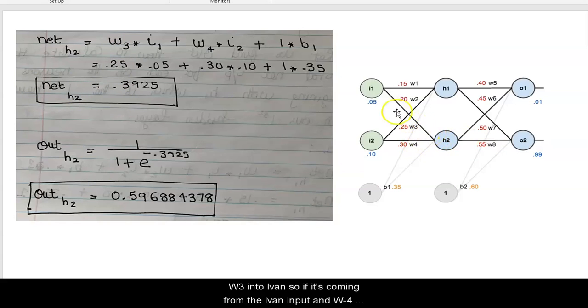So W3 into I1, coming from the I1 input, and W4 into I2, and then of course the bias. That is the equation here. Once we calculate this, we get this value. Once we have done the summation, it is time to pass it through our activation function. Once we do that, this is the value which we get for H2.